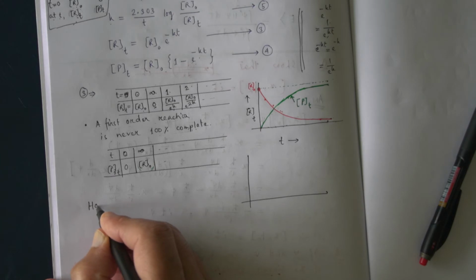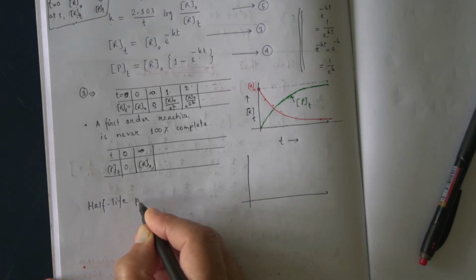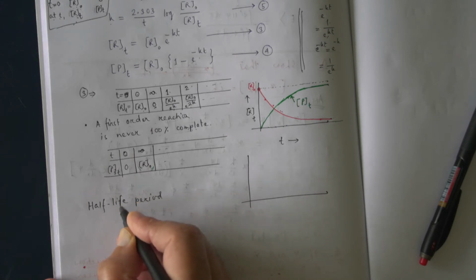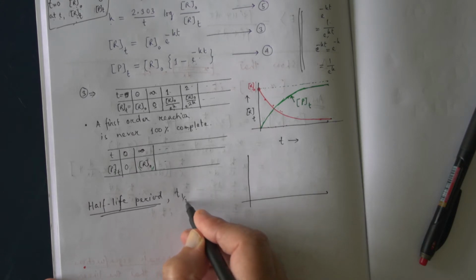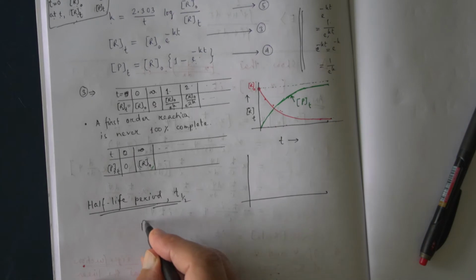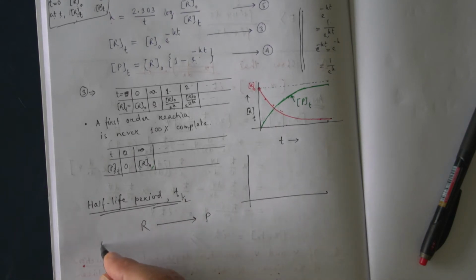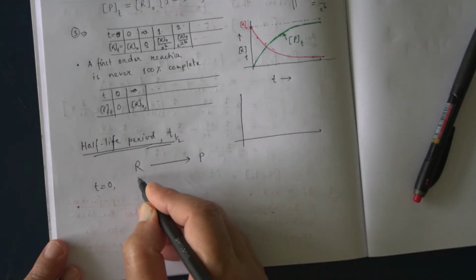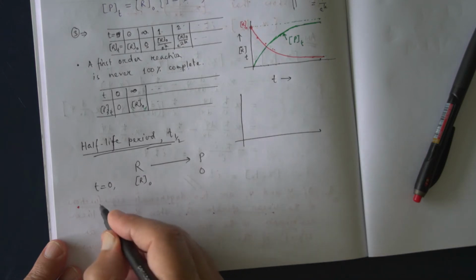Half-life period, T half. Once again, this is the reactant, this is the reaction. Initially, at time equal to 0, the concentration is this, and the product concentration is 0.